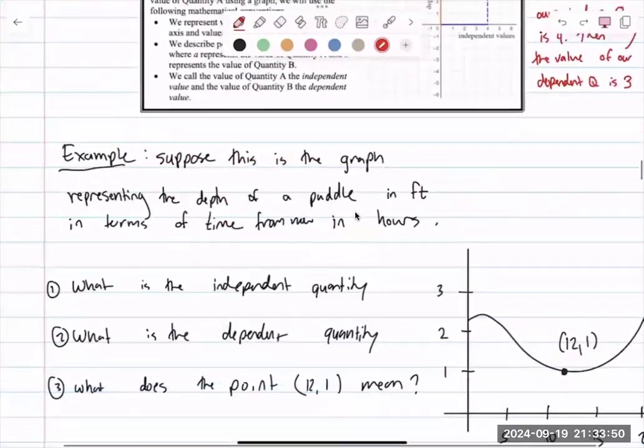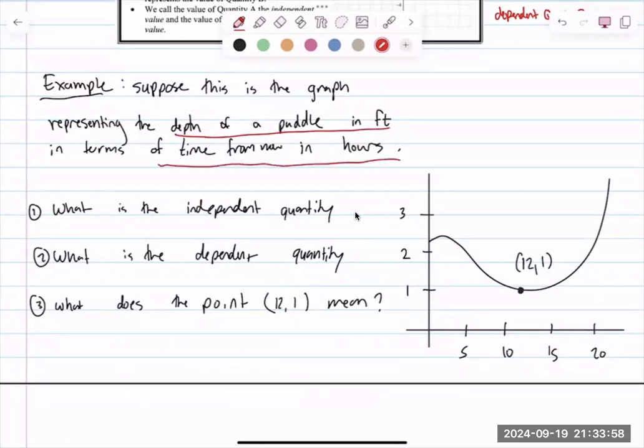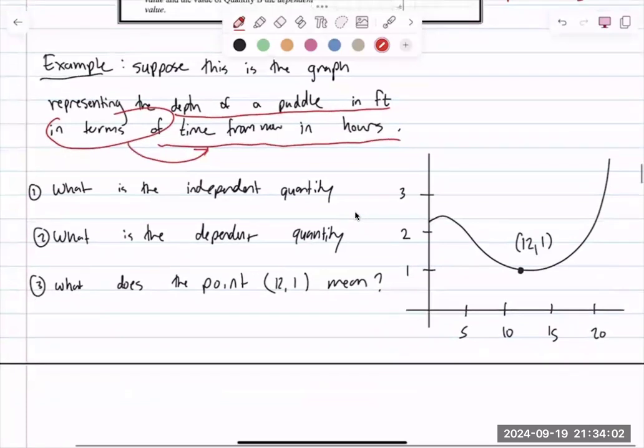Okay. As an example, let's suppose we have this graph right here that represents the depth of a puddle in feet in terms of time from now in hours. So in terms of time from now, what is our independent variable? Think about that for a second. What value is going to change what other value? So our independent value, what's going to lie along here, is time, right?